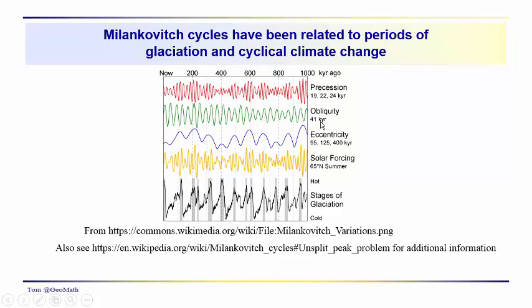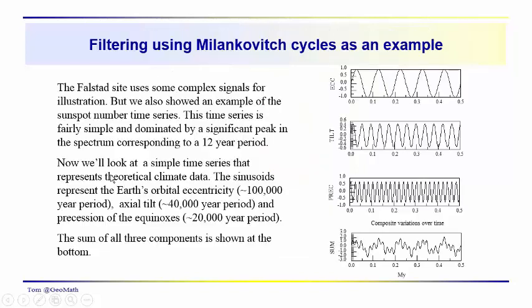You'll see that there are different peaks that come out: obliquity 41, eccentricity 95, 125, 400,000. And I've seen these kinds of variations in oxygen isotope data from various parts of the world as well. So there's not really a single answer, as there are other things that are usually going on. And solar forcing, the variations in solar output, and then we see the periods of glaciation are noted here down at the bottom. So quite a lot going on associated with these Milankovitch cycles.